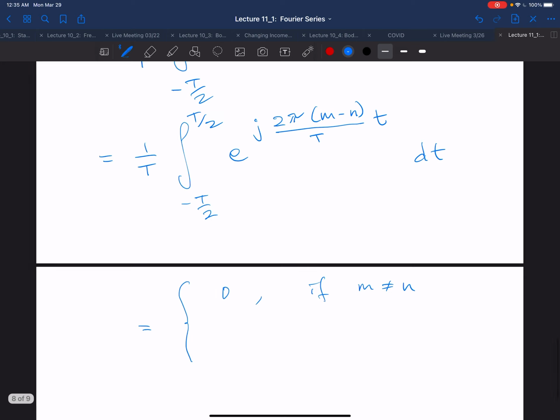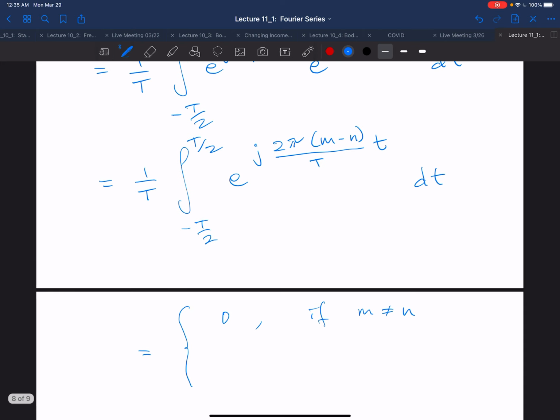And if m is equal to n, then this integrand is just equal to 1. So the integral will give us capital T. When we multiply that by 1 over T, we will get 1.